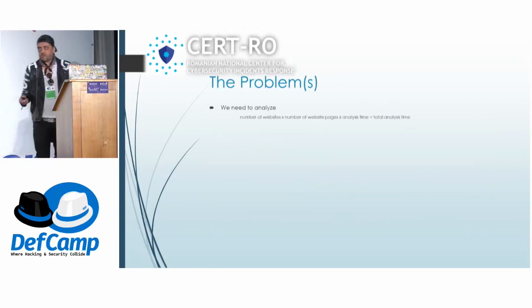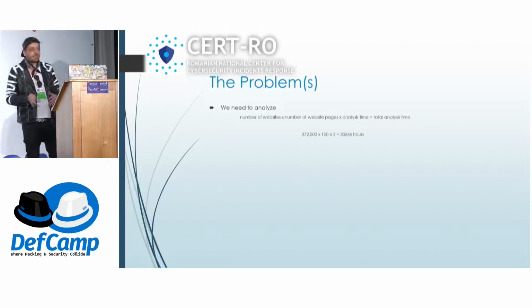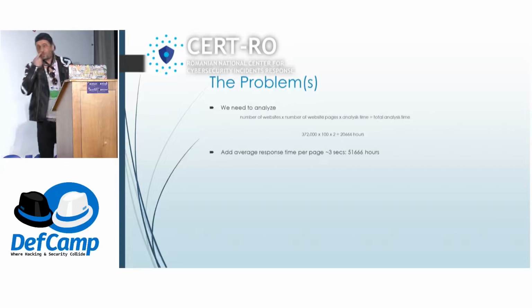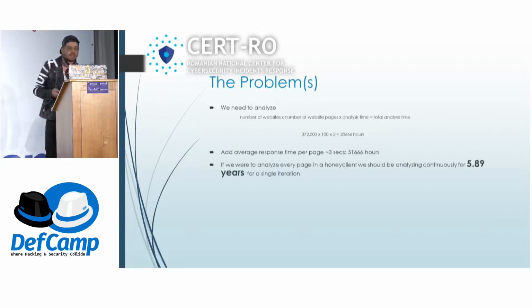The problem we have, though, is that we have a number of website pages, and an analysis time, which in our circumstances translates to roughly over 20,000 hours of analysis. If you add an average response time per page of 3 seconds, you get 51,000 hours of analysis.